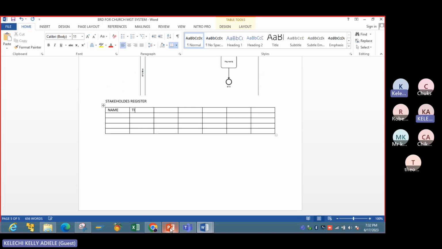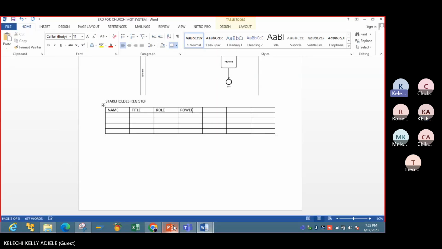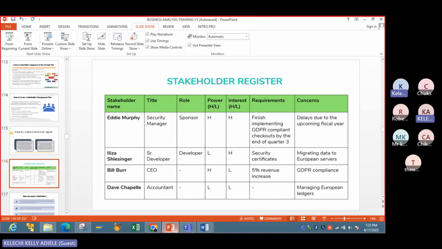But Kelechi, I want to ask a question. I don't think that bringing a stakeholder register into a BRD document is necessary. Why do I say so? Because I feel that the stakeholder register should be for the consumption of the BA. It enables you to know how to interact with who and who in an organization.